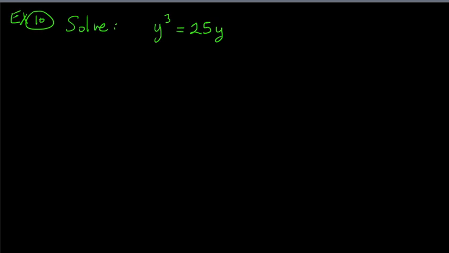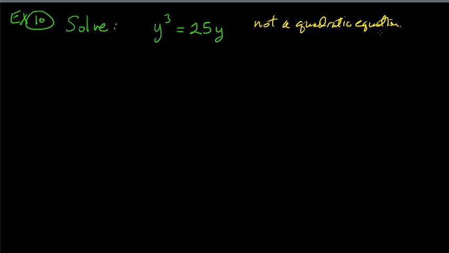Okay, we'll do a few more. Let's solve y cubed equals 25y. The first thing to note here is that this is not a quadratic equation. And up until now, we've only been solving quadratic equations. So you might ask, do we even know how to solve it?